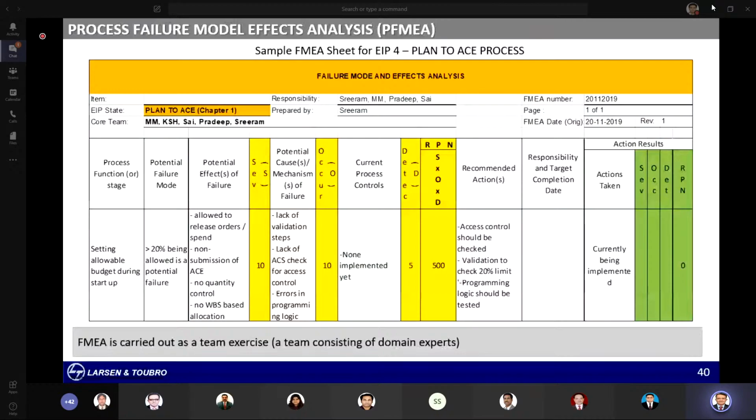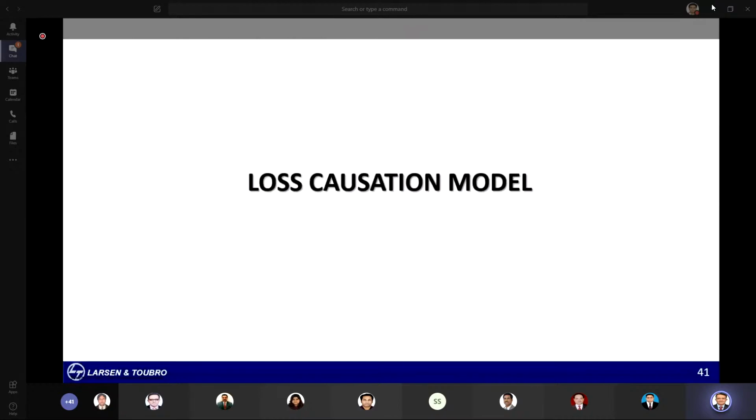So with that, we move on to the next topic, which is the loss causation model. I'm sure we did some of these sessions for other ICs. I don't know whether you have been introduced to this topic before, but I'm sure you would have heard of the loss causation model. Here, this is all about accident or incident investigation analysis.